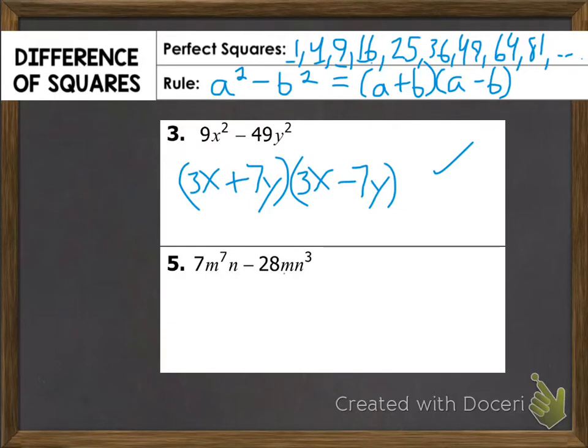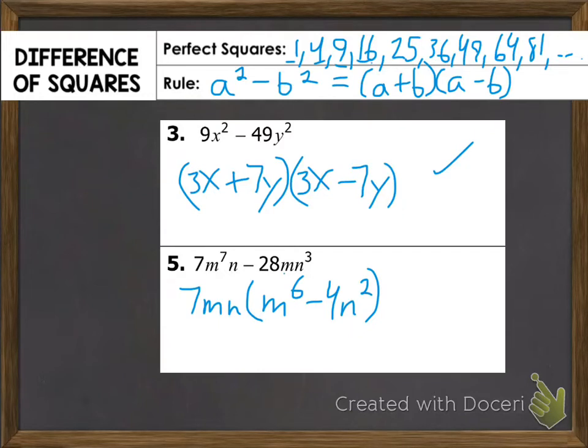Well, they both have a 7, they both have one m, and they both have one n. So what am I going to be left with inside of my parentheses? I will be left with m to the 6 minus 4n squared.